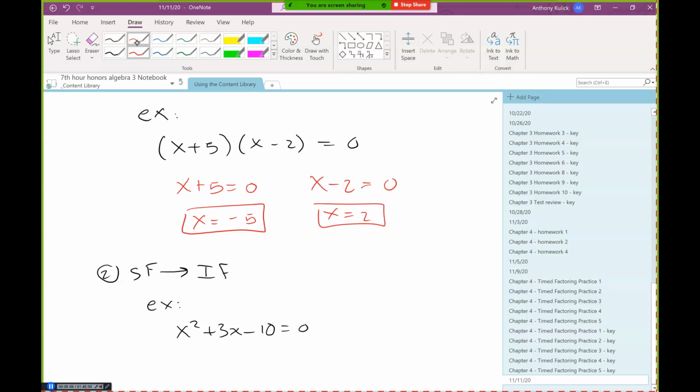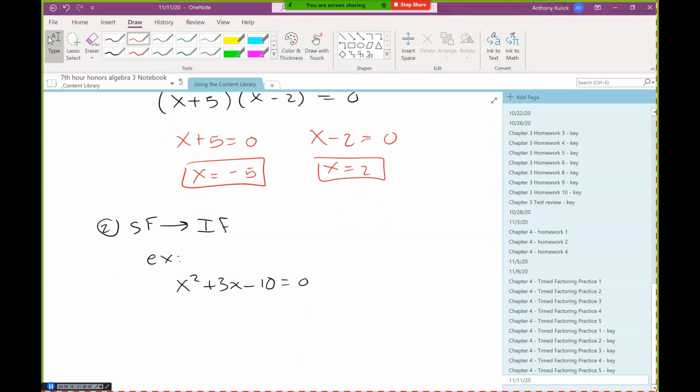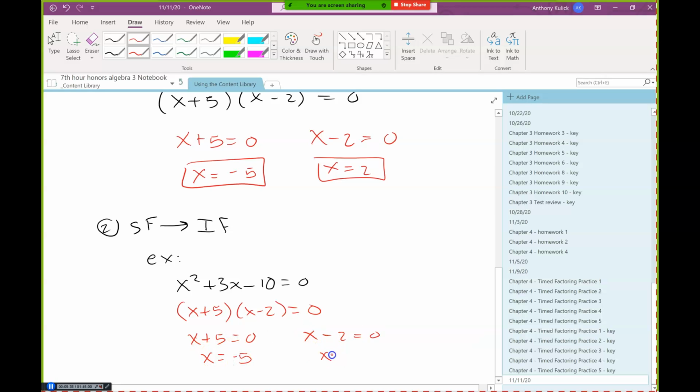Yeah, so you can factor it using the shortcut like from last class. What is the shortcut? How does this one factor? -2 and +5, right? Those are the two things that multiply to give me -10 and add to give me +3. So then I can set each of these factors equal to 0 using the zero product property and solve each of them independently.